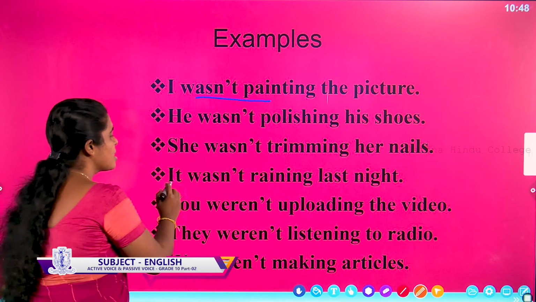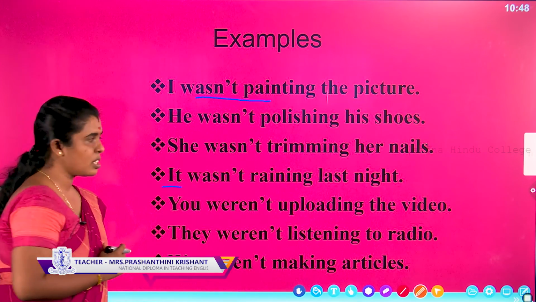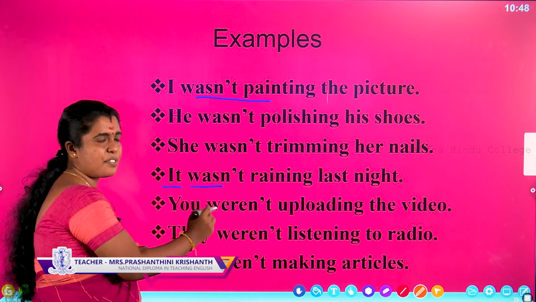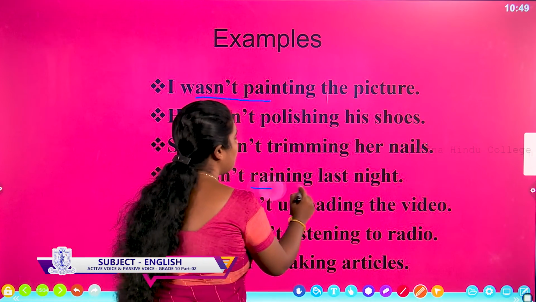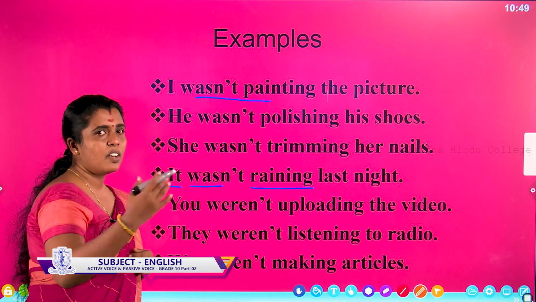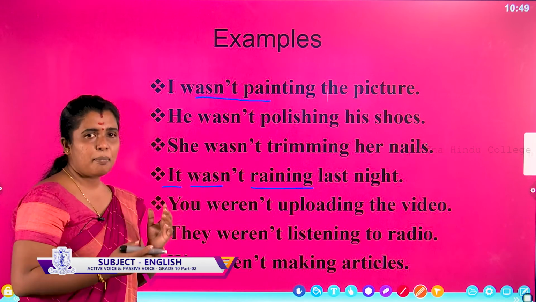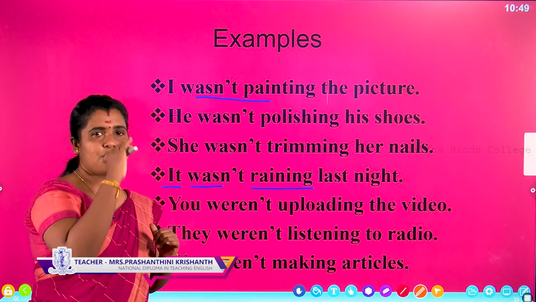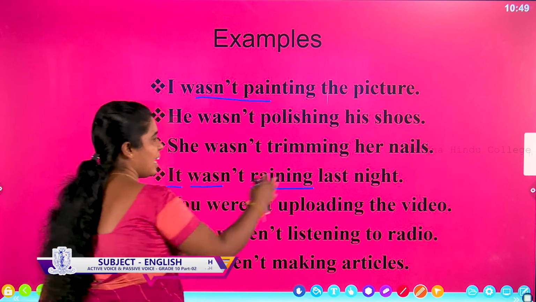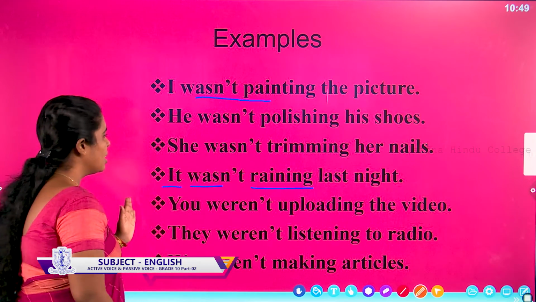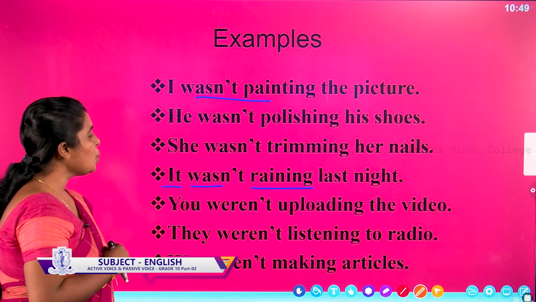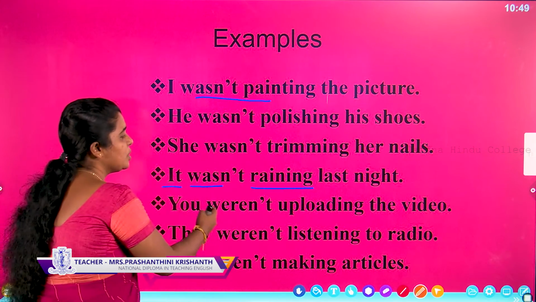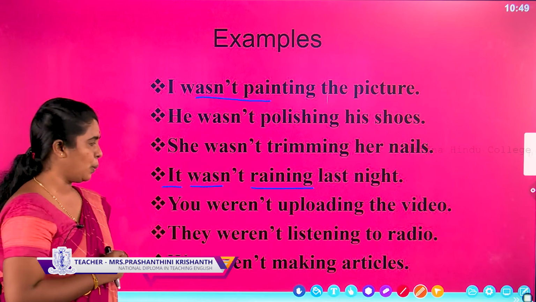So see this here, the subject of the sentence, it. The helping verb was, and we are adding not here because it is a negative sentence, and the main verb plus ing. Rain, raining. Trim, trimming. Cut, cutting. Wash, washing. Drink, drinking. Like that. And last night. Right? Next one. You weren't uploading the video. Okay? So you were not uploading the video.